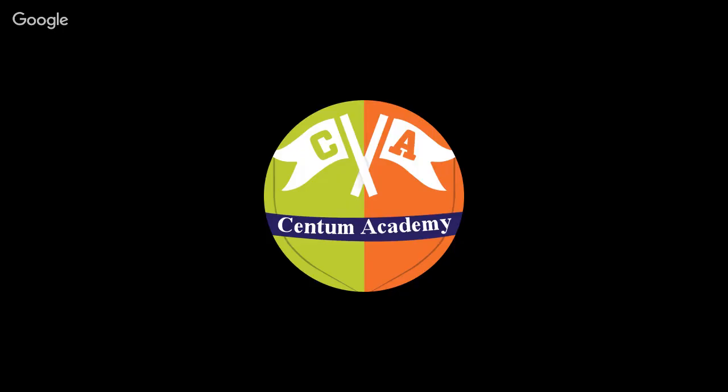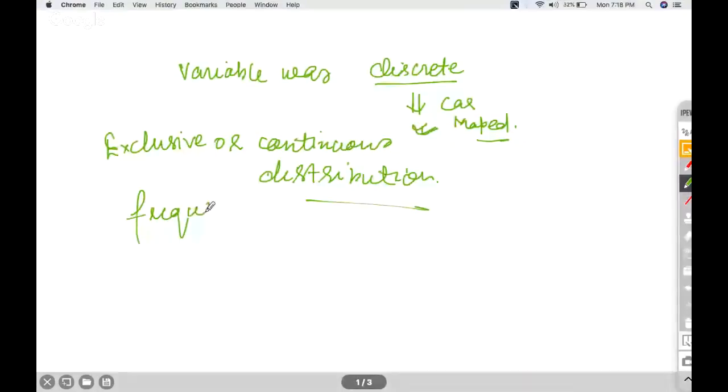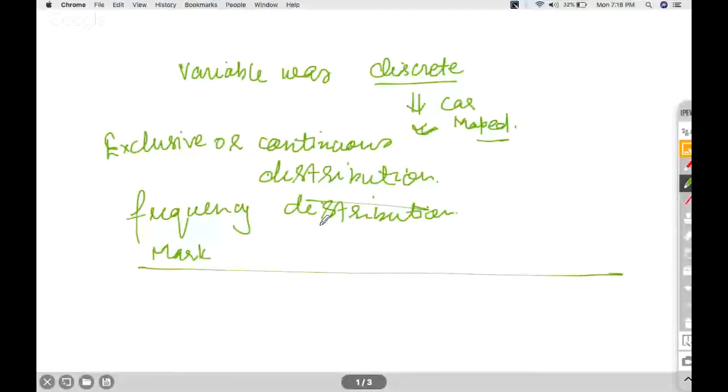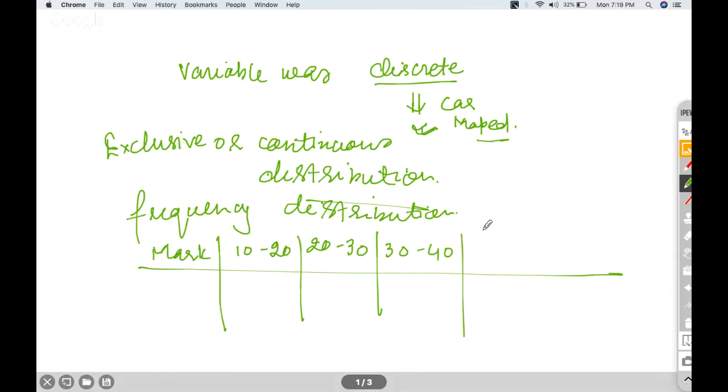I am writing here distribution. So I'm writing marks and I'm making class intervals here. So this is 10 to 20, this is 20 to 30, 30 to 40, 40 to 50, 50 to 60, 60 to 70, 70 to 80.